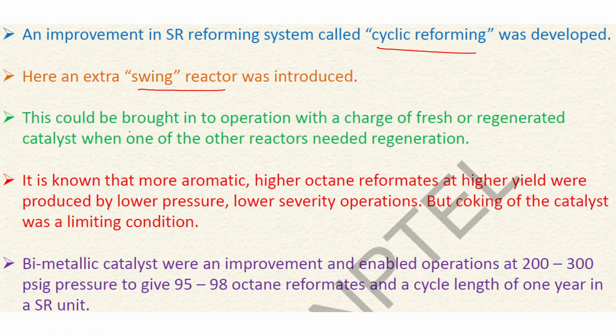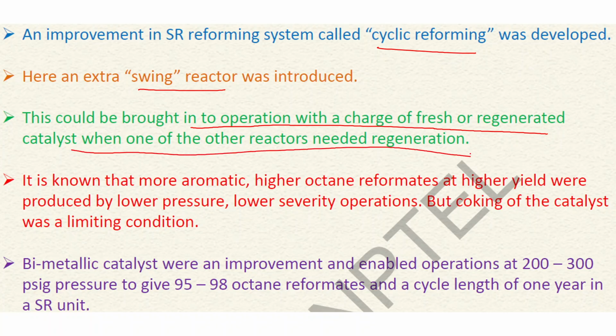When the catalyst of one SR reactor is completely exhausted, it is replaced by this swing reactor. This could be brought into operation with a charge of fresh or regenerated catalyst when one of the reactors needs regeneration. So when shutdown is required, we do not shut down but replace that exhausted catalyst reactor with this swing reactor.